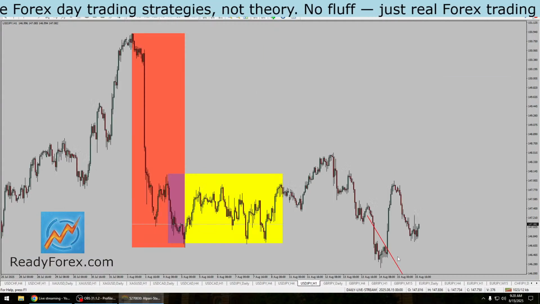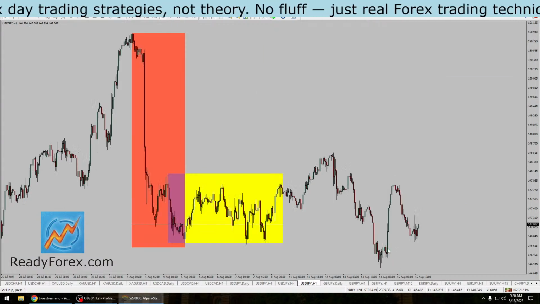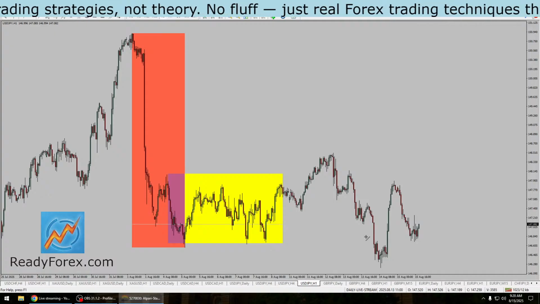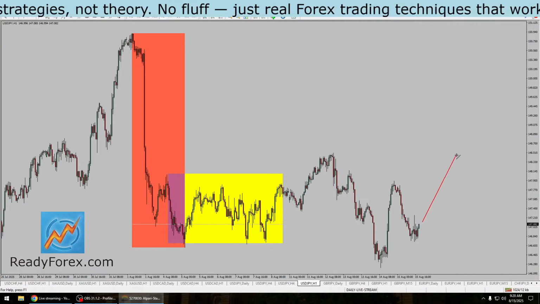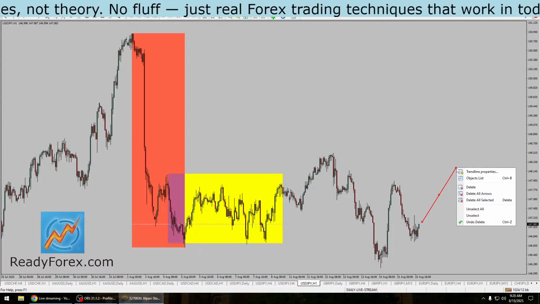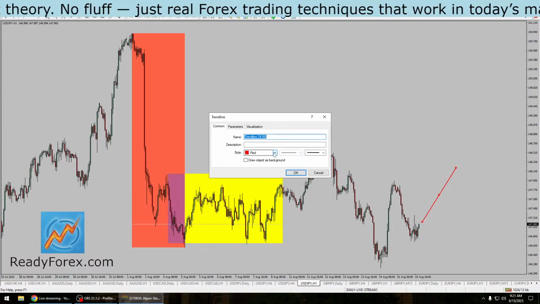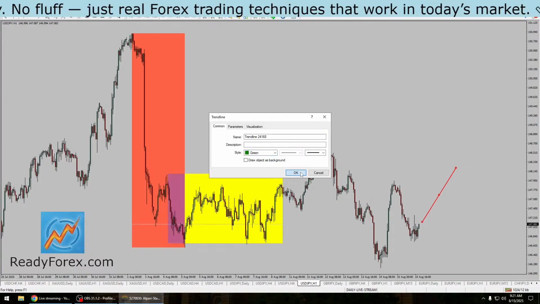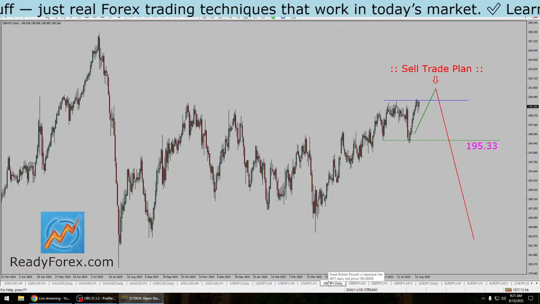Okay, so 1-hour chart, we got this bullish rally, and I think this is just the first leg. It's also possible that we might get a bullish leg, something like this, in US dollar versus Japanese yen currency pair.